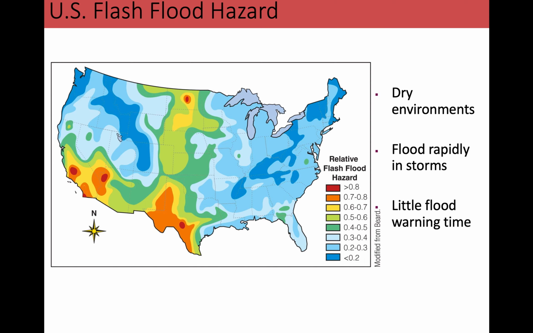This would be some sort of real storm that brings a good amount of water and precipitation to these areas. Generally, there is not a lot of warning time. So like that video we saw, if there had been some warning time, if people had known this river by our parking lot is going to flood, hopefully everyone would have moved their cars. So like you saw, there was not a lot of warning time there.